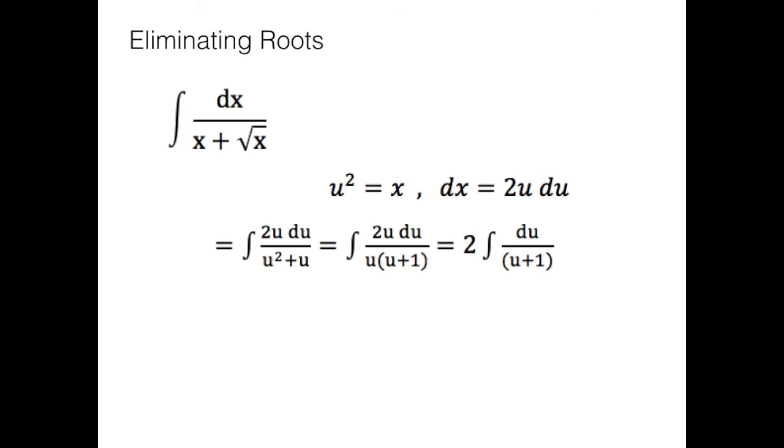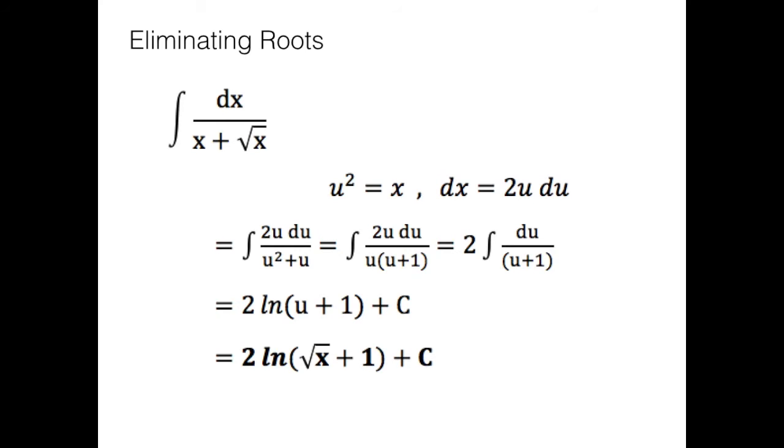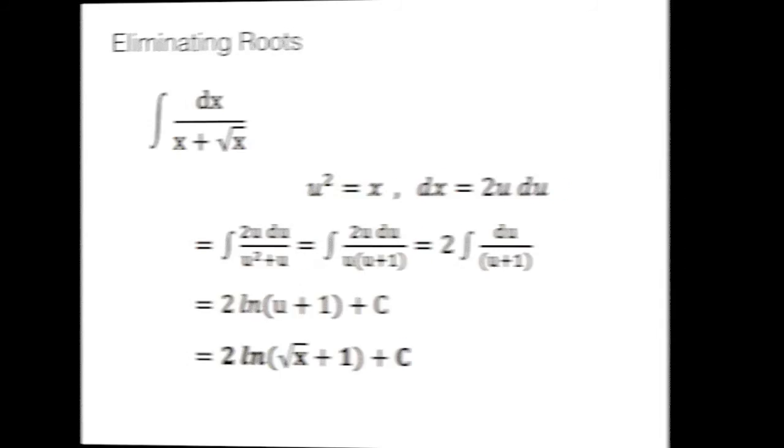Now, if we also remember that the antiderivative of 1 over x plus a constant is ln of x plus that constant, we can solve this integration as 2 ln |u plus 1| plus c. And then undoing the initial substitution, we get 2 ln of quantity the square root of x plus 1, plus c. And that's our final answer.